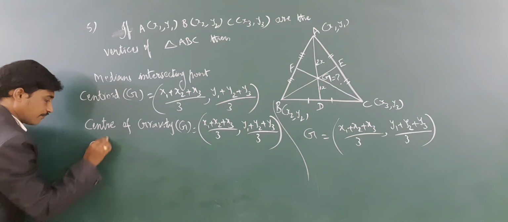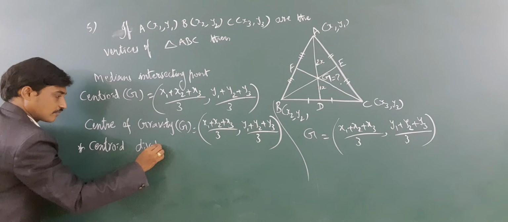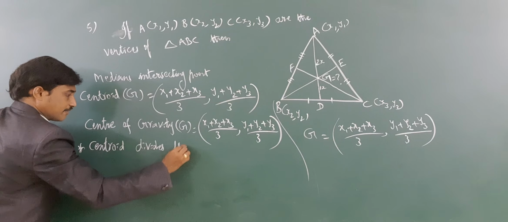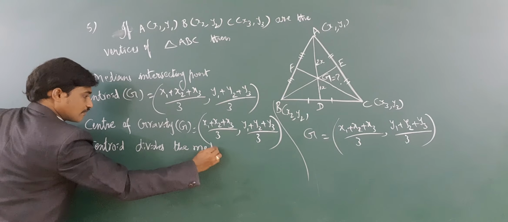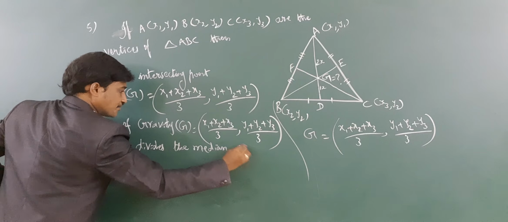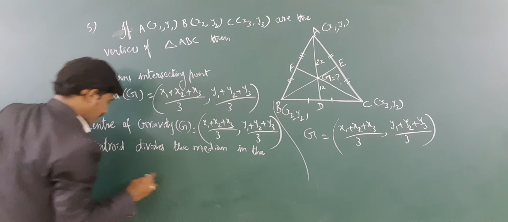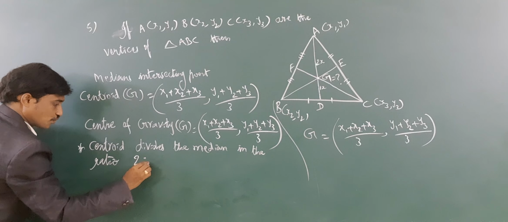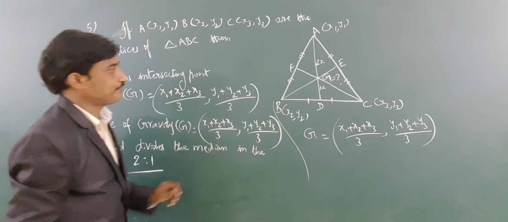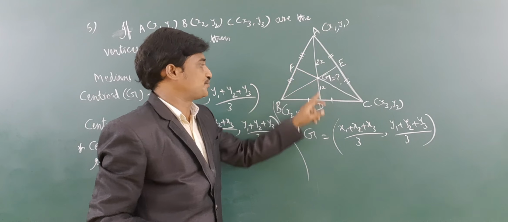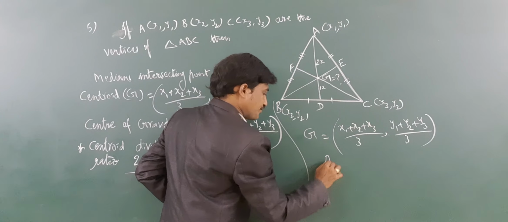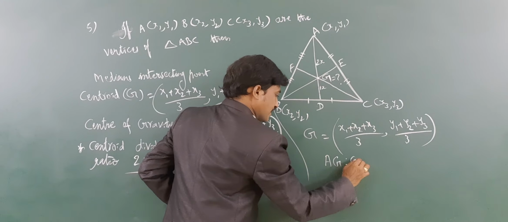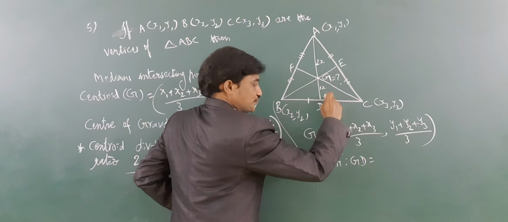Centroid divides the median in the ratio 2:1. That means here we have AZ is to ZD is 2:1.